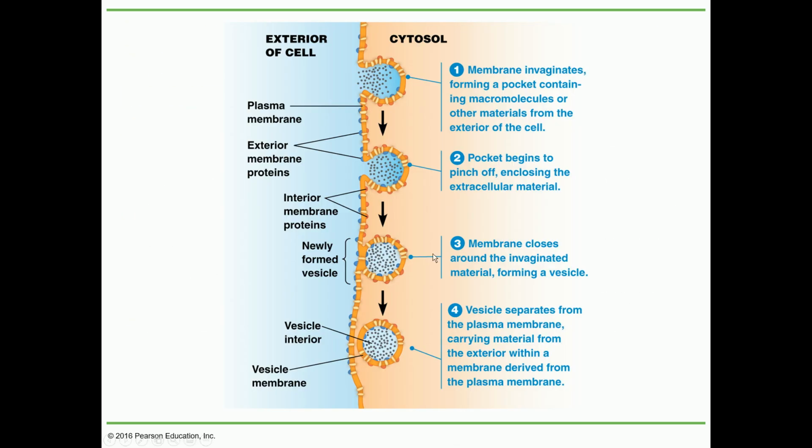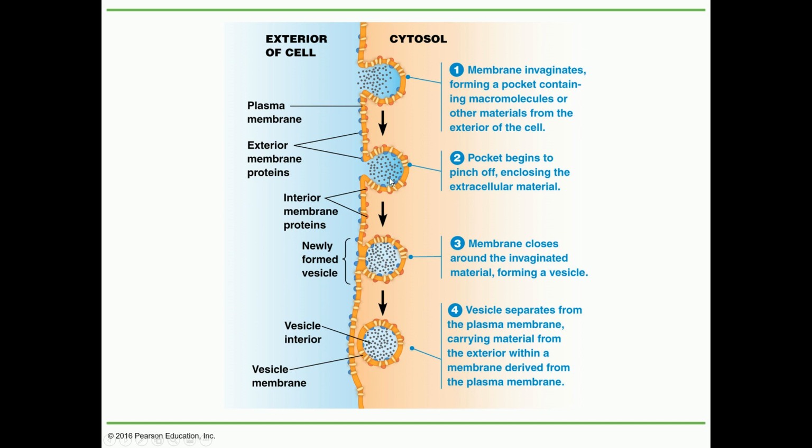On the other hand, endocytosis is when something big from outside of the cell has to enter into the cell. In that case, the membrane invaginates, forming a pocket containing macromolecules or other material from the extracellular space.